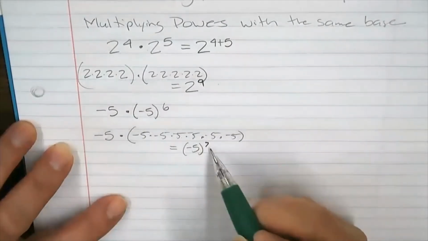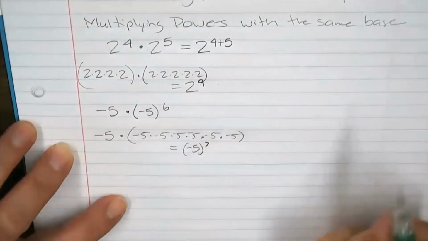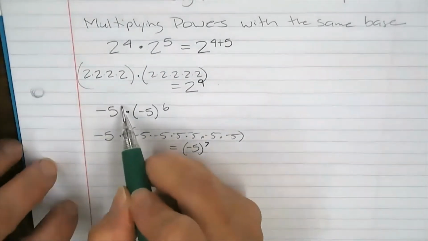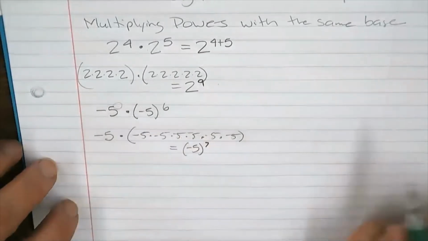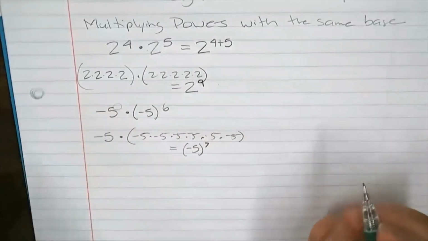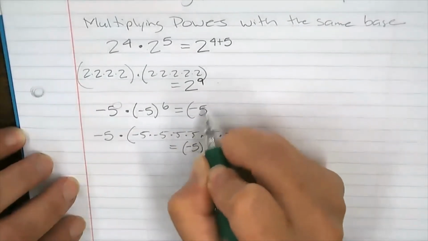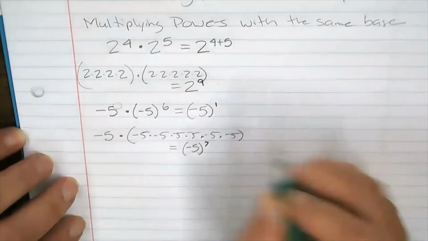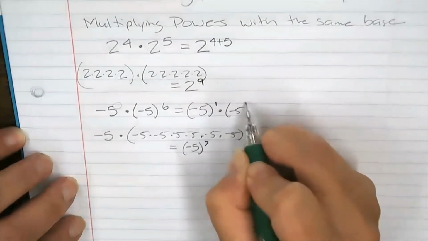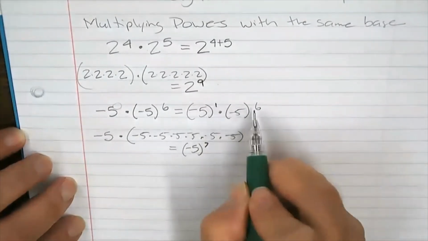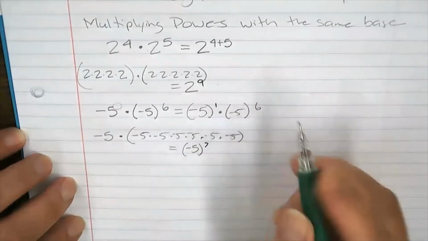Well, how is it the 7th power if we're adding these together? It doesn't look like there's an exponent here, but really there is. It's an invisible exponent. It is -5 to the 1st power times -5 to the 6th power. And we're going to add these together.